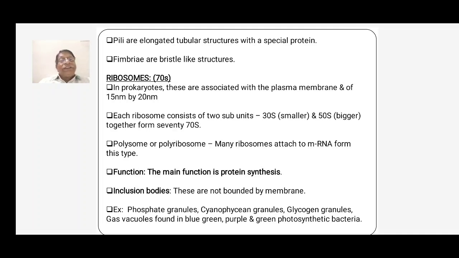This S refers to Svedberg unit. It means sedimentation coefficient.